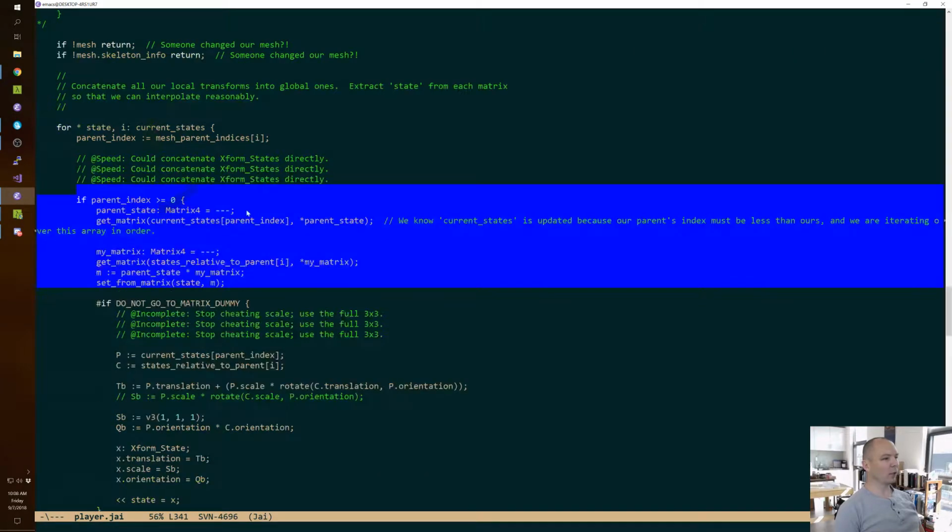And we're doing it in a kind of stupid way where we get this whole matrix. That's a 4x4 matrix with 3 of the elements that we know to ignore. So it's a mostly 4x4. And then we just get a new X-form state out of that matrix.